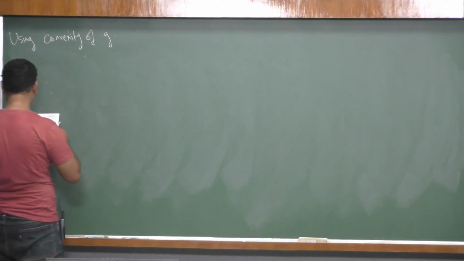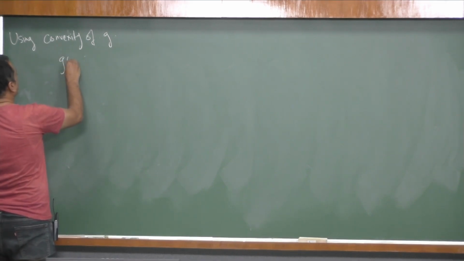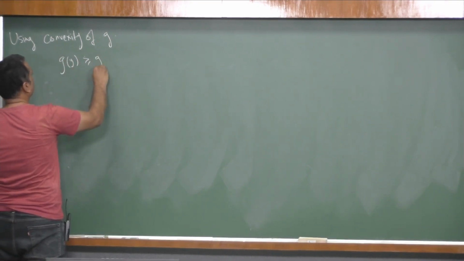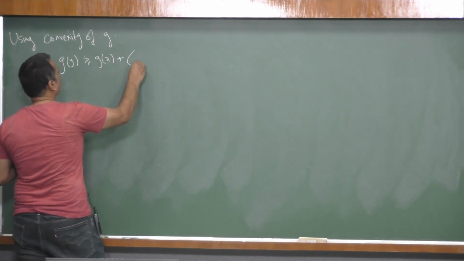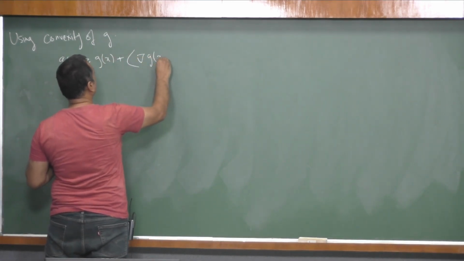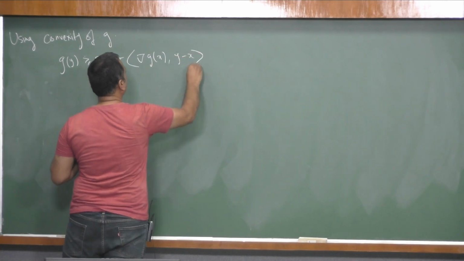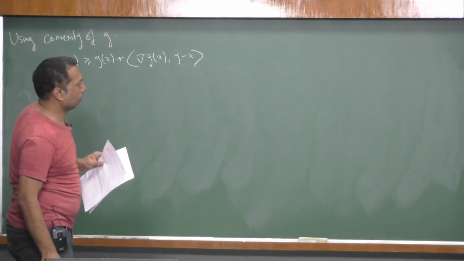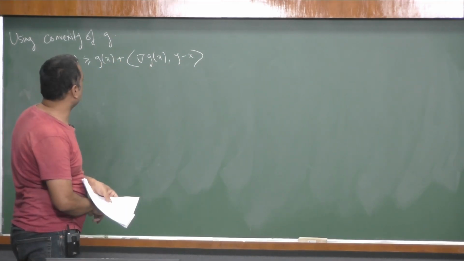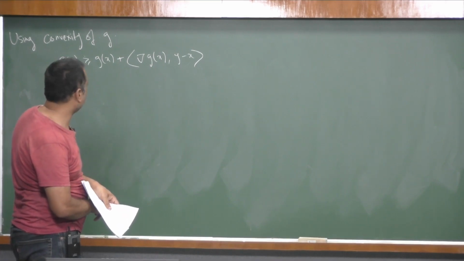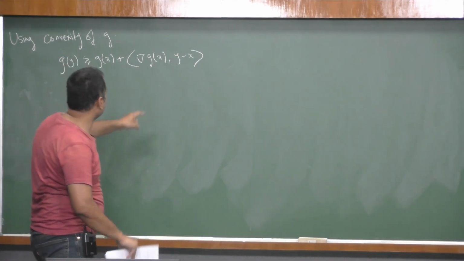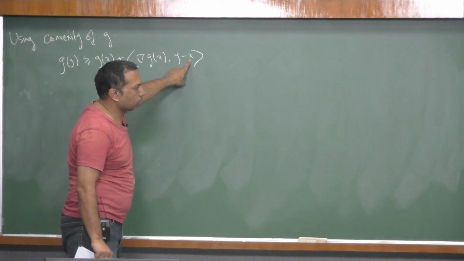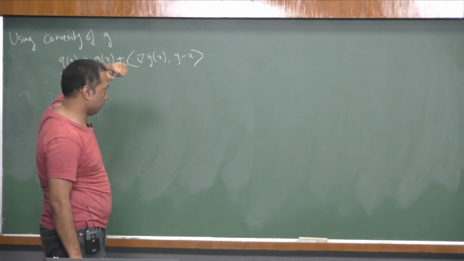So, G y is greater than or equal to... it is good to note in which form we want, right. The form we want is y minus x, with the grad f, we are supposed to get that.